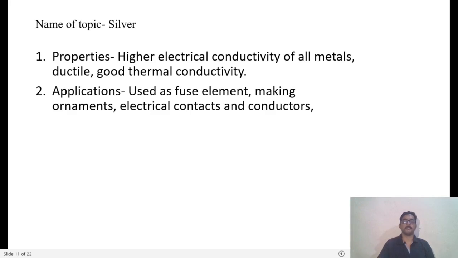But nowadays conductors made from silver are used in delicate equipment. Silver cannot be used as a bare conductor or as a bus bar, because people will cut the silver conductor and sell it like copper in the market.